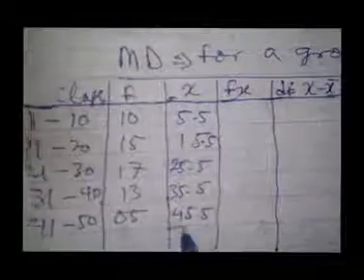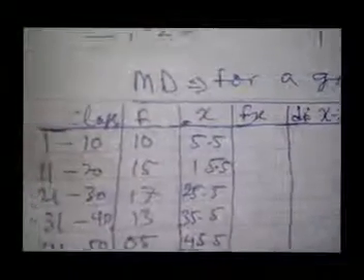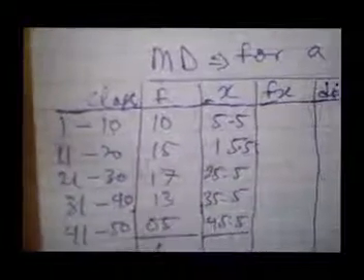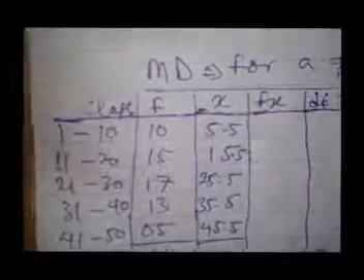Now the total of f, that's the total frequency. If you add 10 plus 15, which is 25, plus 17 plus 13 plus 5, the total will give us 60.